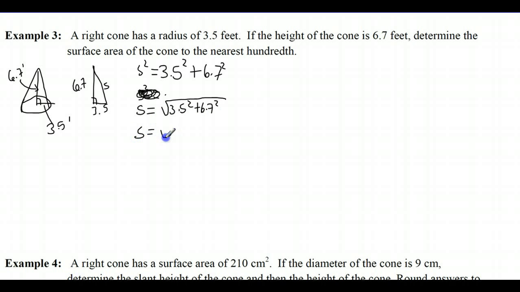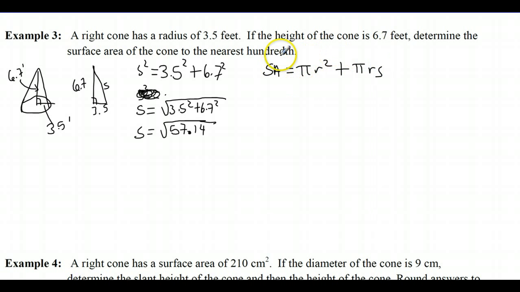We want exact, never round. You know this now. We never round. Well, that's not true. We round as the final answer. Surface area formula: pi r squared, that's the circular base. So if they ever ask for just the lateral surface area, you leave this out.